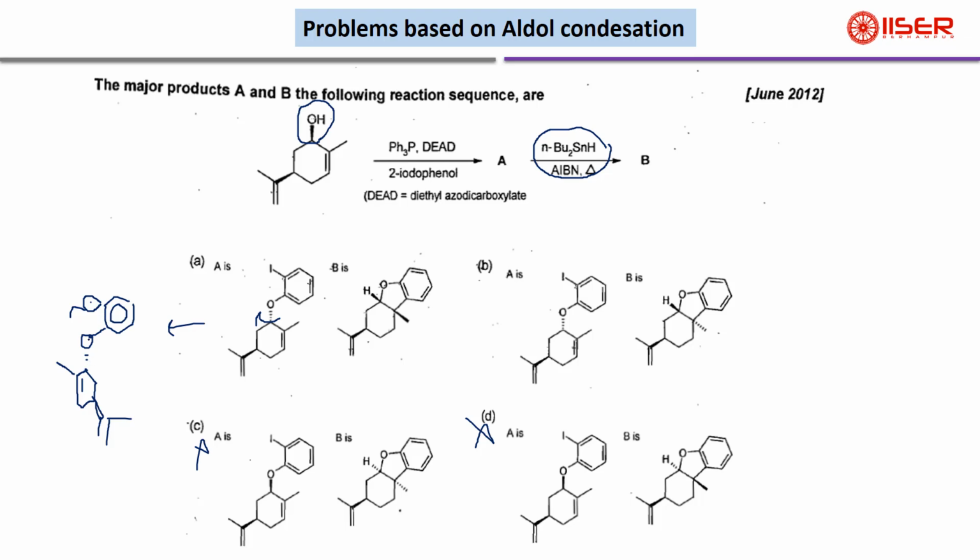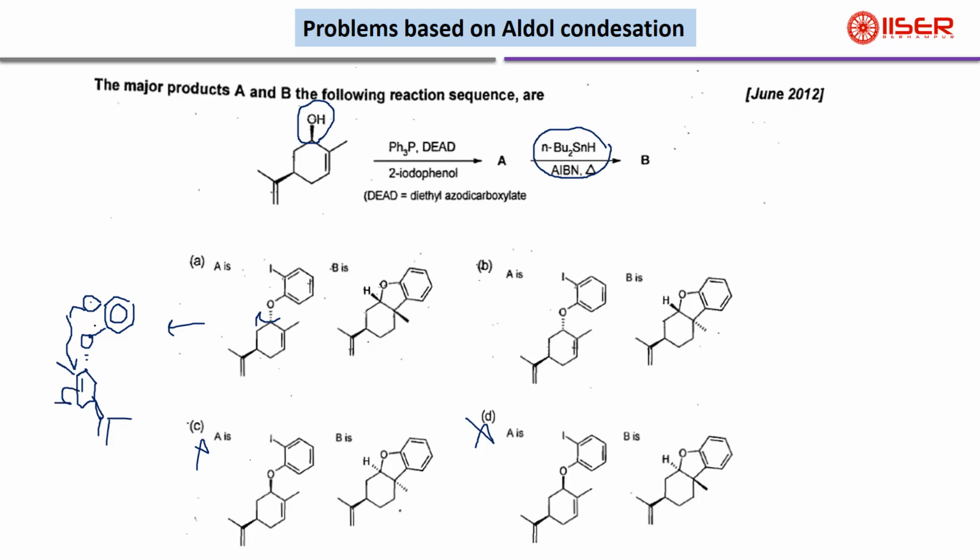So there will be 1, 2, 3, 4. So there is generation of a 5 member ring. So it will combine with this alkene center through addition reaction and it will form a 5 member ring.